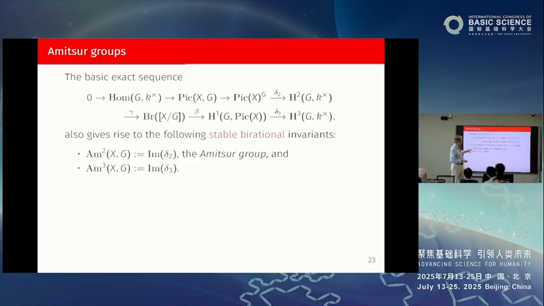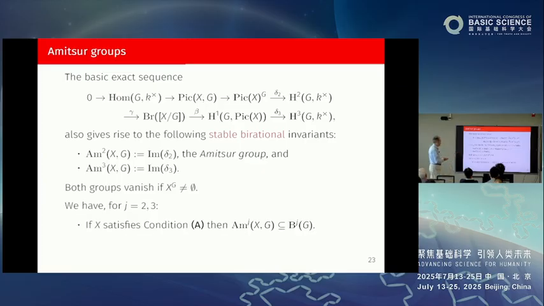So the first thing to observe is that both groups are stable birational invariants in the equivariant context. Both vanish if there is a fixed point, and in particular, if there are fixed points on abelian subgroups, then you know where to search for non-trivial examples in those Bogomolov groups that I showed you before.